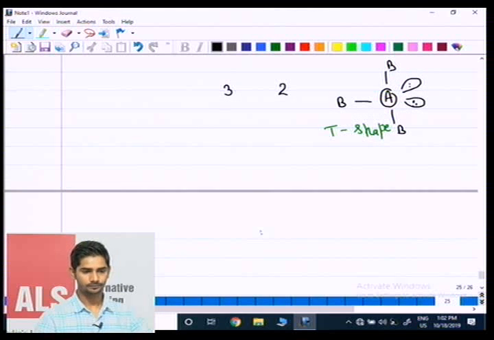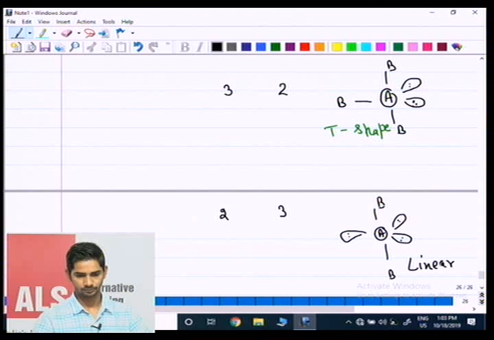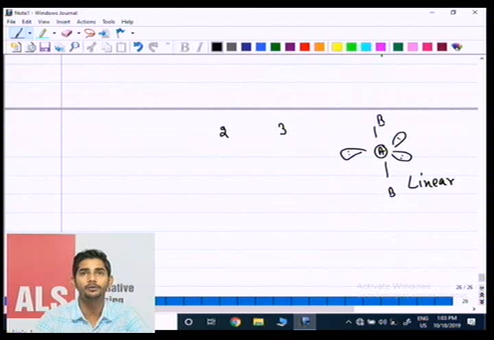Next case, 2, 3. It is like this. And this is known as the linear. Okay. Copy, please. That's all about your n by 2 equal to 5.